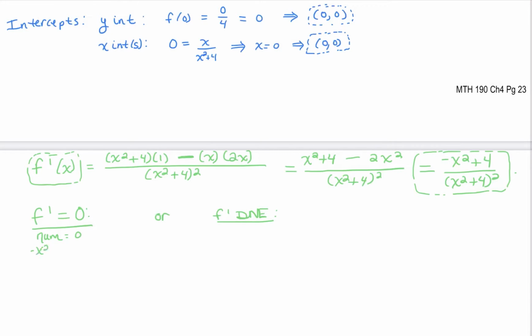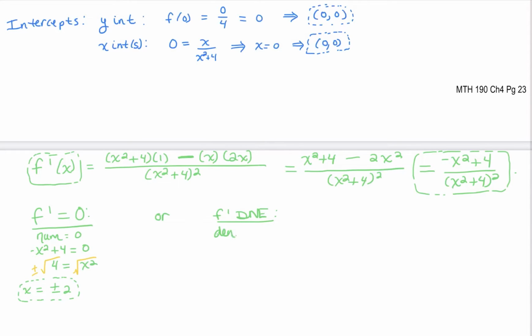So setting negative x squared plus 4 equals 0, adding the x squared to the other side. And then remember, when you take a square root to get rid of a square, you have to introduce your plus or minus square root on the other side. So x is going to be plus or minus 2. These are two critical points where f prime is equal to 0.